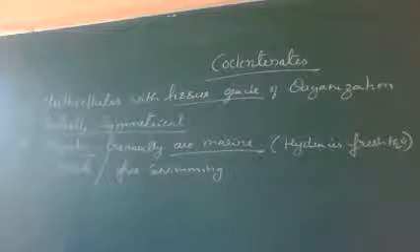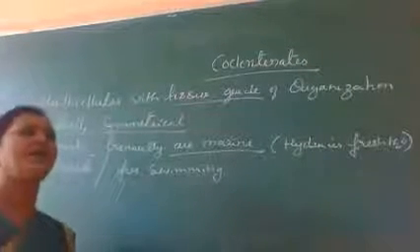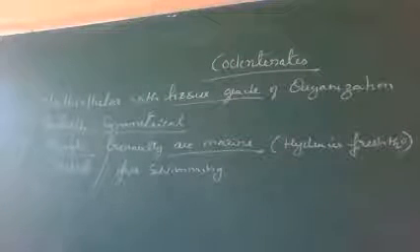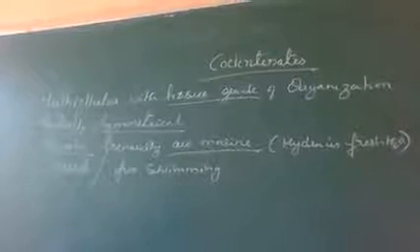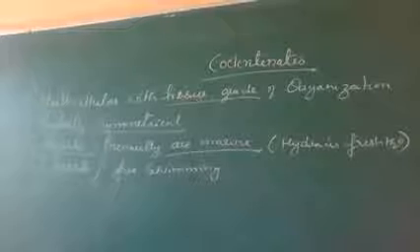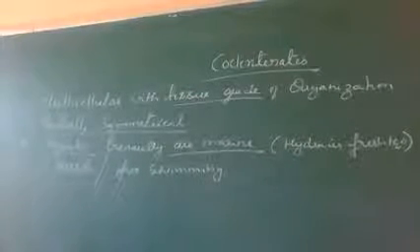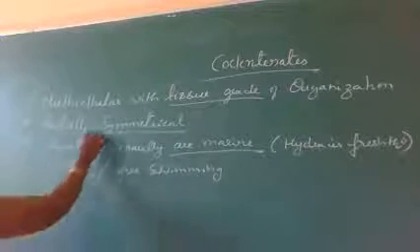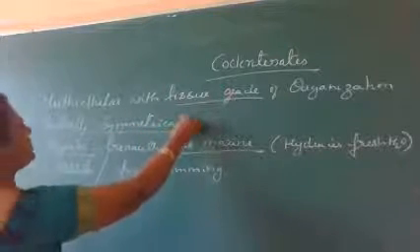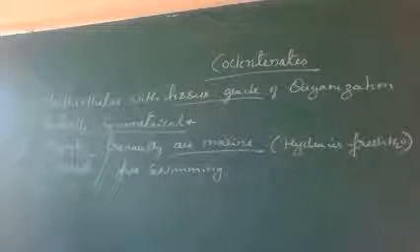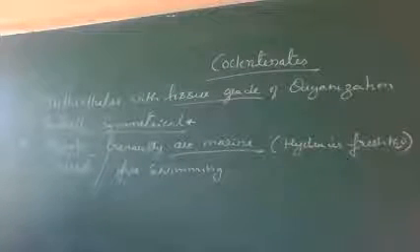These are aquatic, generally marine, but Hydra is the coelenterate which is a freshwater form, and these coelenterates may be sessile or free swimming, that is freely moving. And the symmetry? These are radially symmetrical animals.